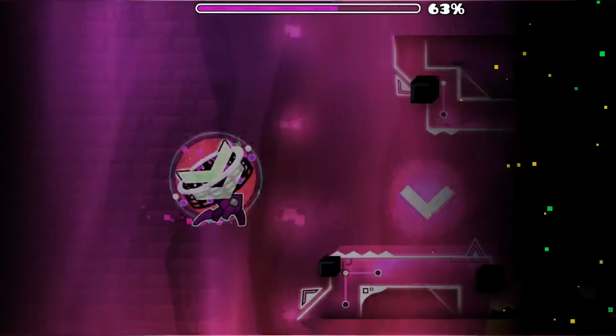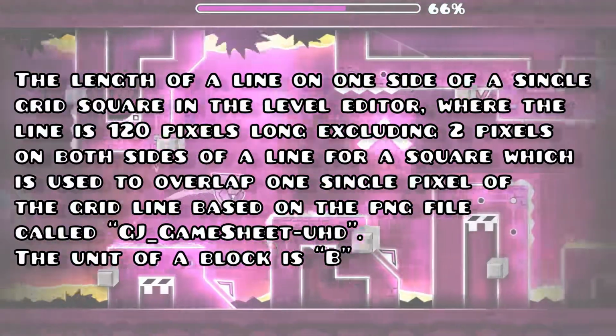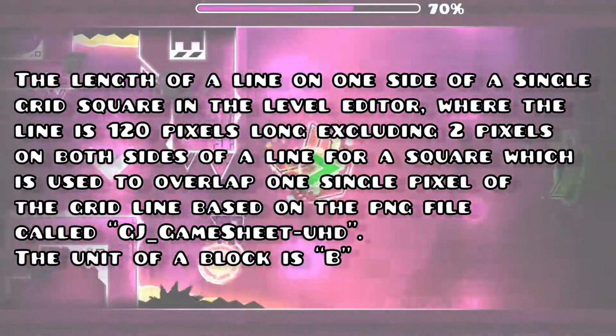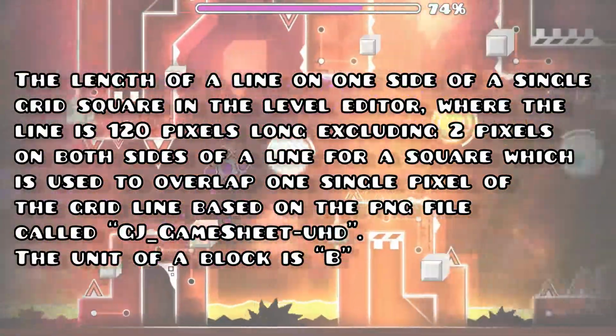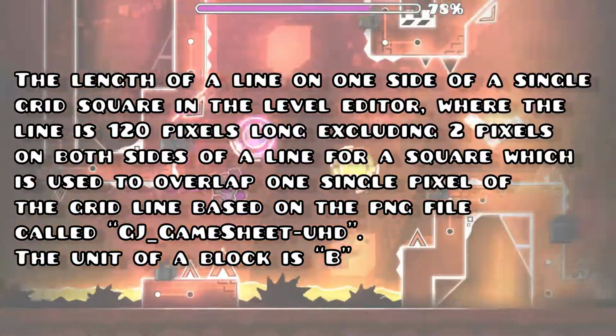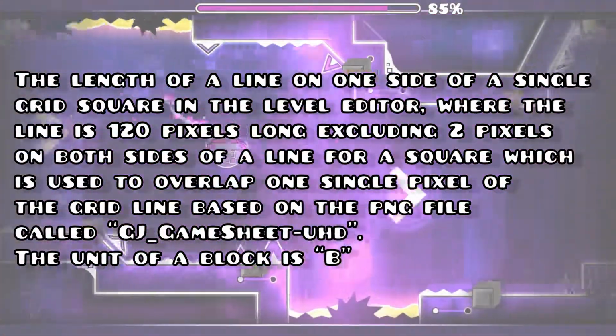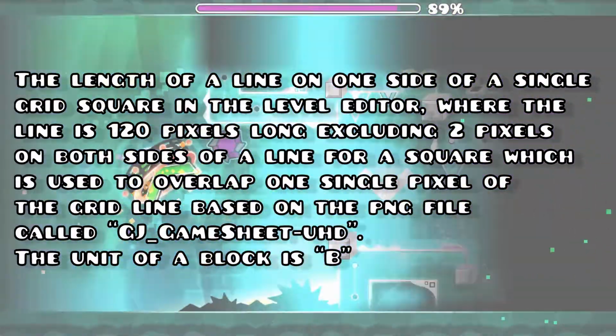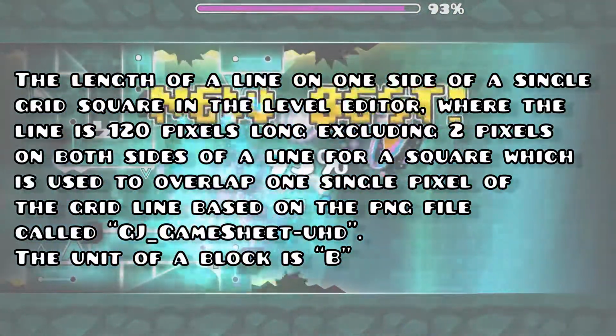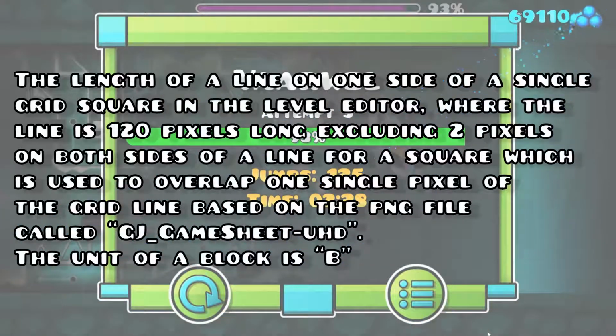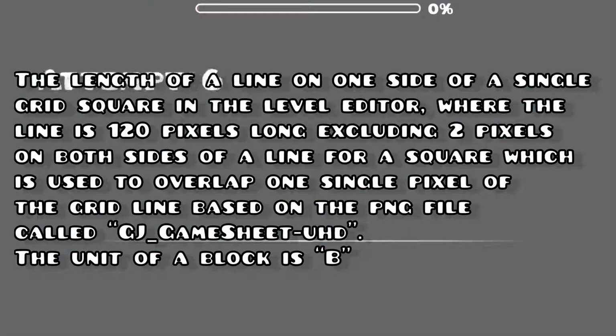So, the official definition of a block is the length of a line on one side of a single grid square in the level editor, where the line is 120 pixels long, excluding 1 pixel on both sides of a line for a square, which is used to overlap one single pixel of the grid line, based on the PNG file called GJ_GameSheet-UHD.